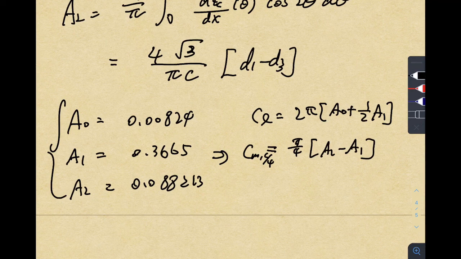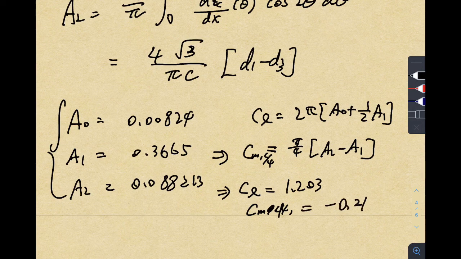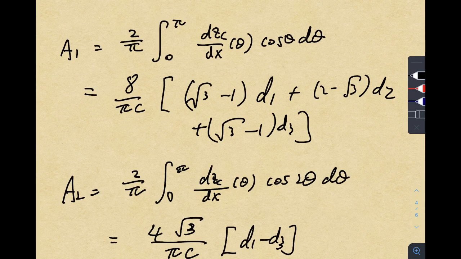Okay, so now we get CL as 1.203, and the moment with respect to the aerodynamic center at quarter chord will be minus 0.2156. Okay, great. So these are the two examples for the thin airfoil theory.